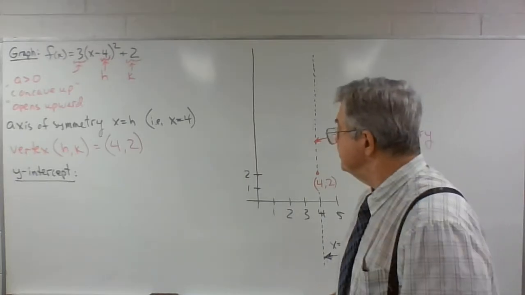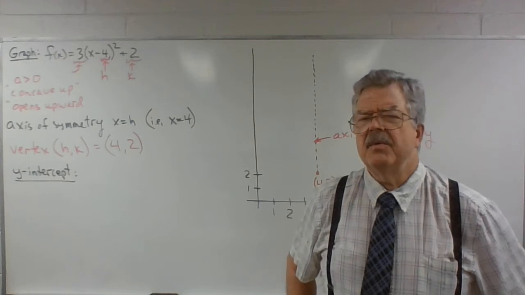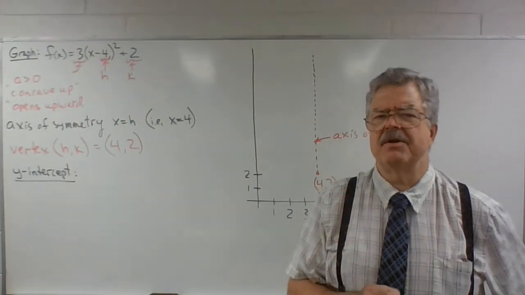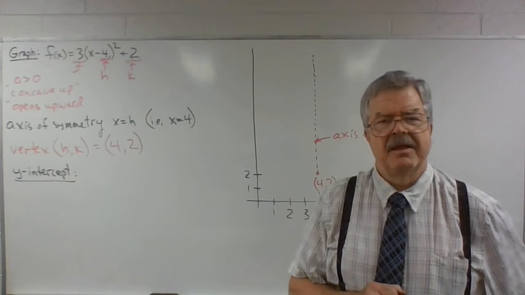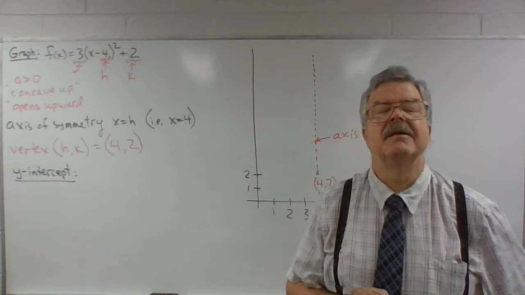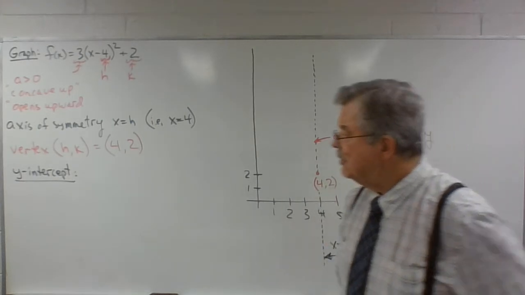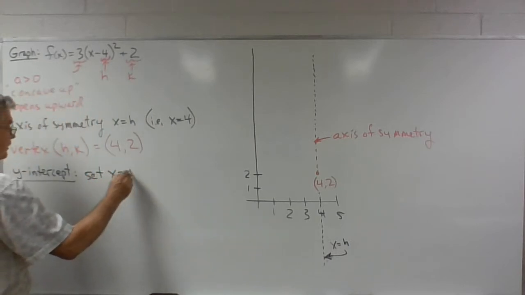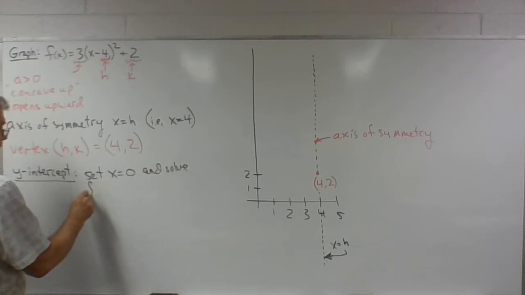So the y-intercept is a point on this y-axis. What do we know about the x-coordinate of every point on the y-axis? Isn't it true that every point on the y-axis has an x-coordinate that's equal to 0? So to find the y-intercept, we set x equal to 0, and we see what that forces y to be.